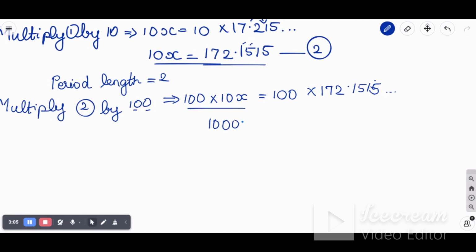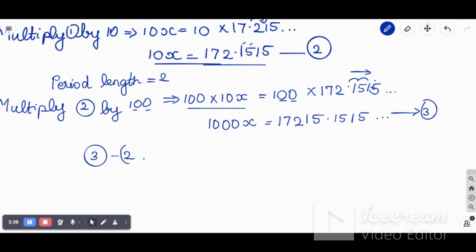Put all the zeros together. 1000x is equal to, multiply this 100 to this number. So your point will again jump to the right side. You remember, right side gives the bigger number, right? If you multiply, you always get the bigger number. So it will be 17215.15. You can put 15 again also, since it was recurring. And then you can take this as equation number 3. So now we have to subtract our equation number 2 from 3. So this will be 3 minus 2, what is the other equation?